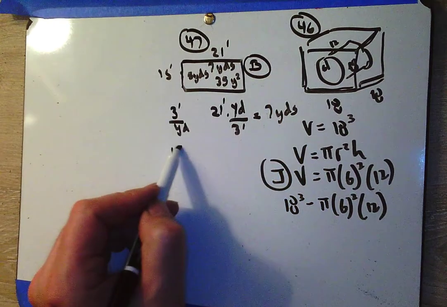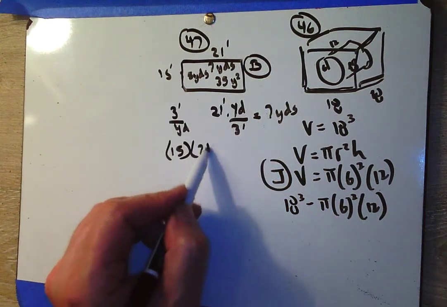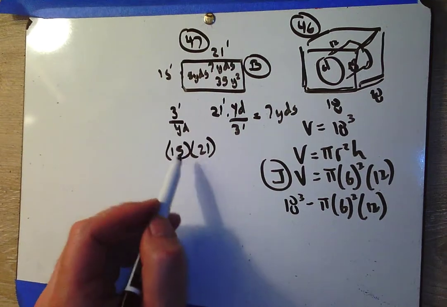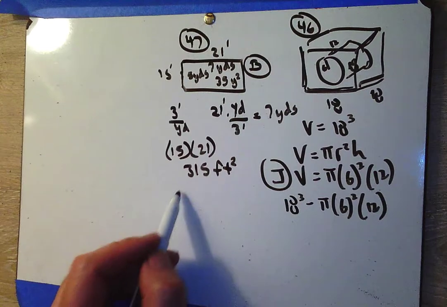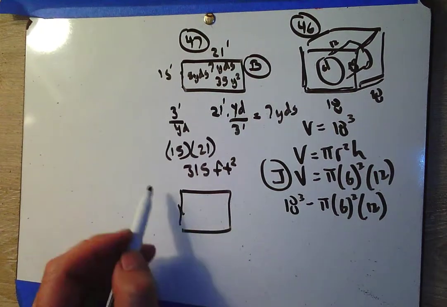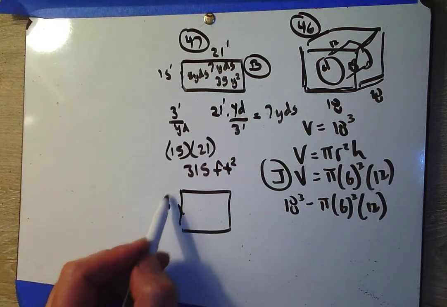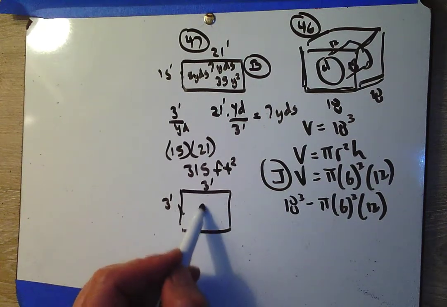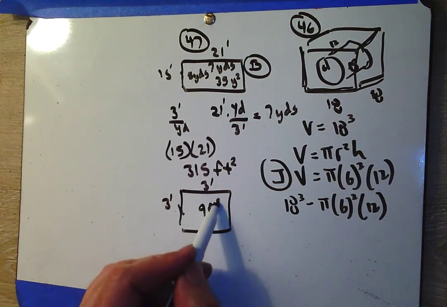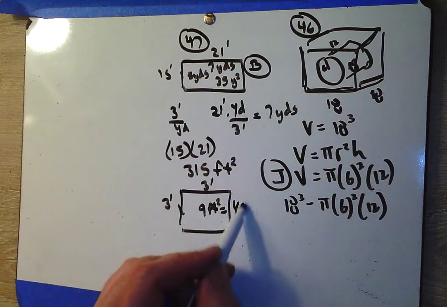You could also do 15 times 21 and come up with 315 square feet. And how many square feet are in a square yard? Well, there's 3 feet by 3 feet in my square yard. So there's 9 square feet in a square yard.